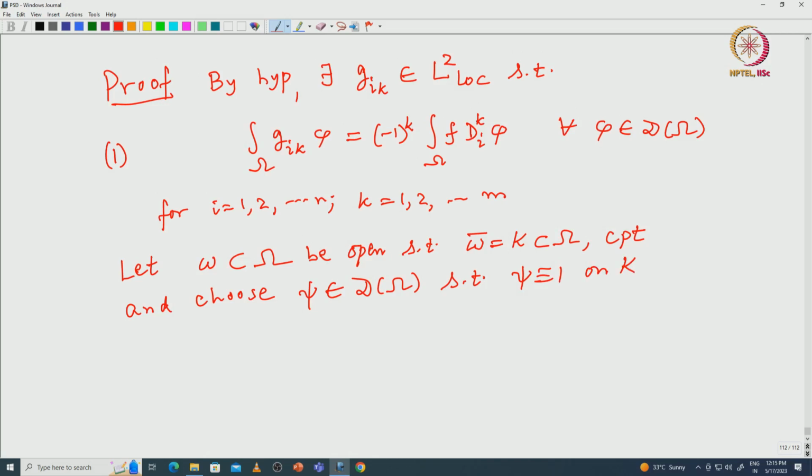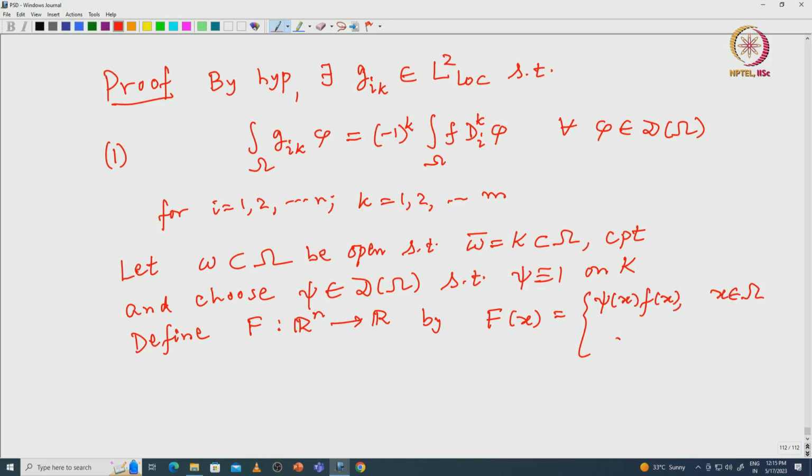Now define big F from R^n to R, if you are considering real valued functions, by F(x) equal to psi(x) f(x) if x belongs to omega, and 0 otherwise.